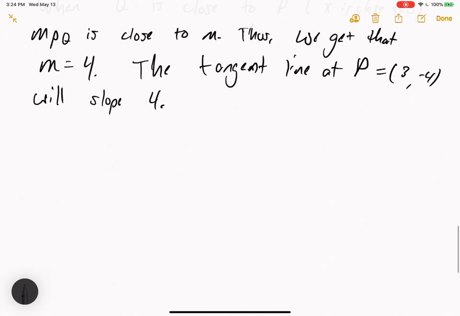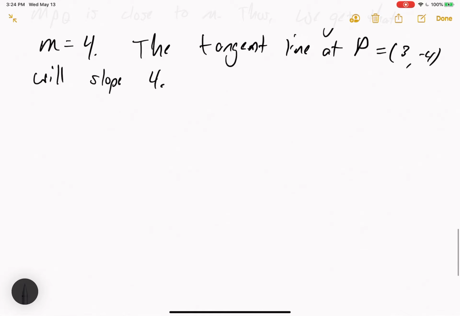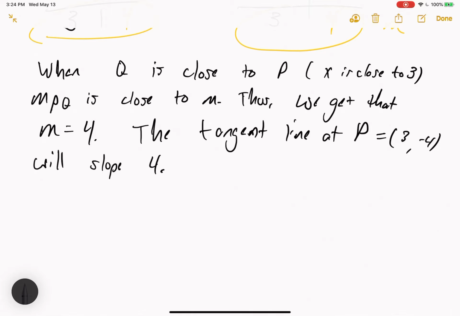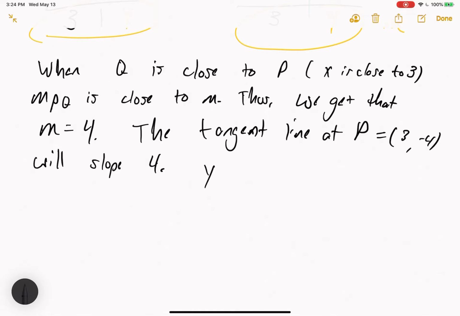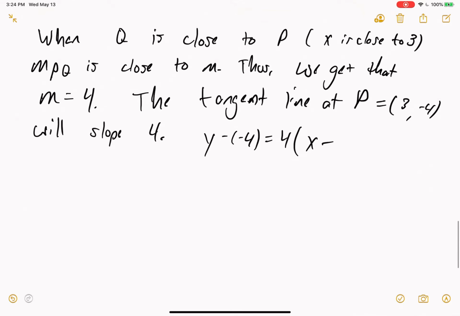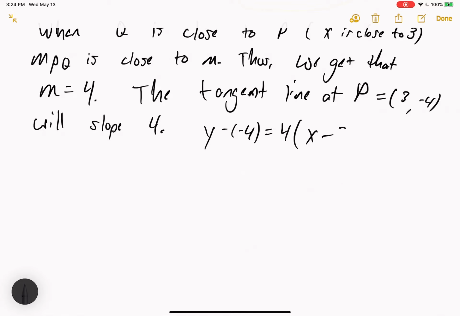So this tangent line will be defined as, sorry guys, y minus y1, which should be minus 4, equals the slope, which is M, so 4, times x minus 3. All right, that was weird. And that right there will be the equation for the tangent line.